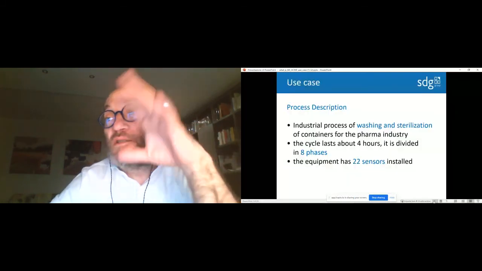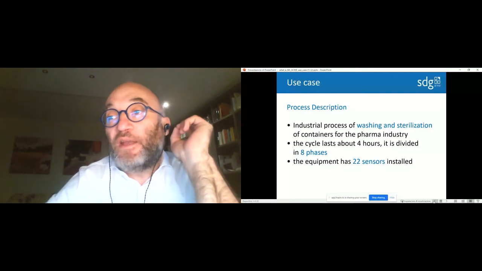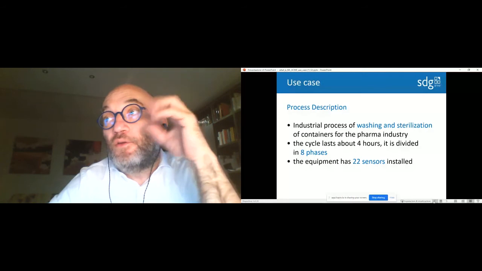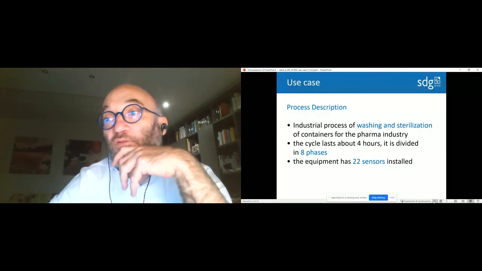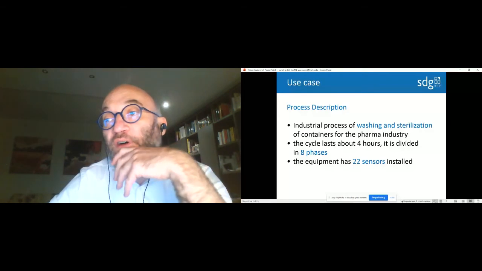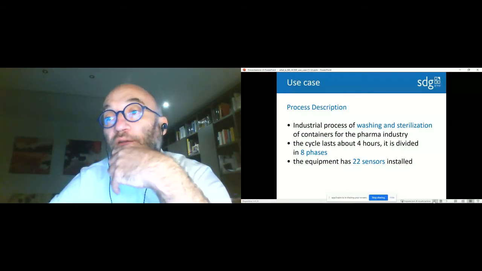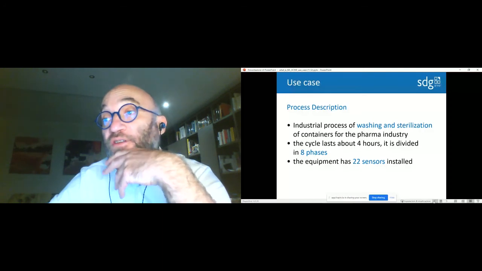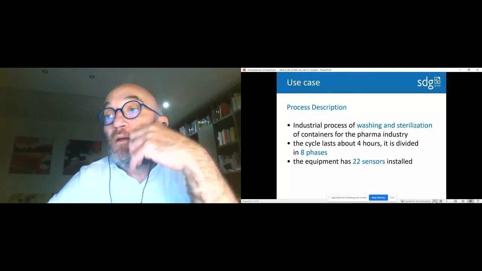Within this project, the main objective was to understand and identify the golden cycle for production. We have data coming from sensors. We have 22 sensors installed in the production line. The cycle lasts about 4 hours, and the production cycle was in 8 different phases. It's a washing and sterilization cycle.